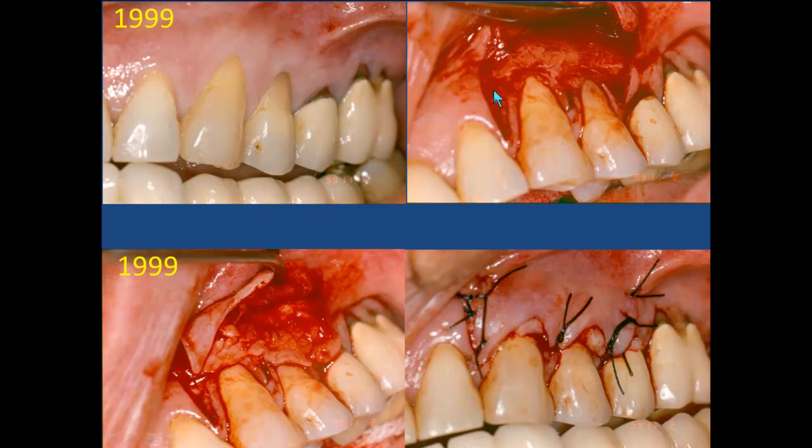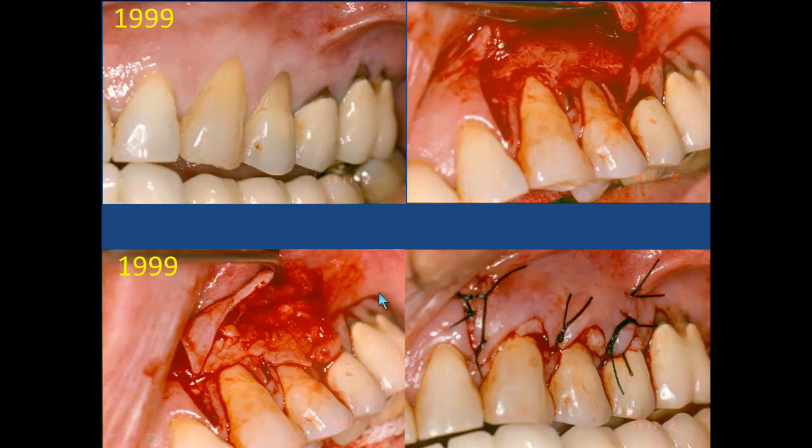A partial thickness flap was raised by sharp dissection, leaving the periosteum and partial connective tissue over the periosteum, as you can see it here on the upper right slide. The crestal bone level was further apical than the level of the original mucosal soft tissue margins before raising the flap.